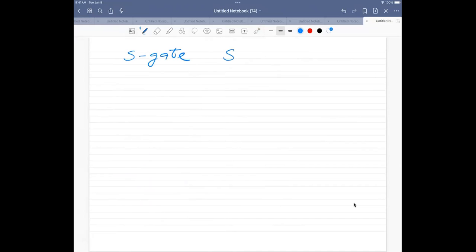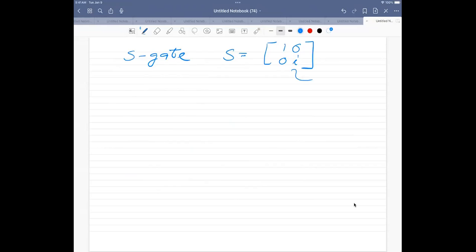So the S gate is another one. And this is a gate which actually rotates the states by an angle of pi half, of 90 degrees. It's normally called a phase gate, because you know that e to the power of i pi half gives us i.